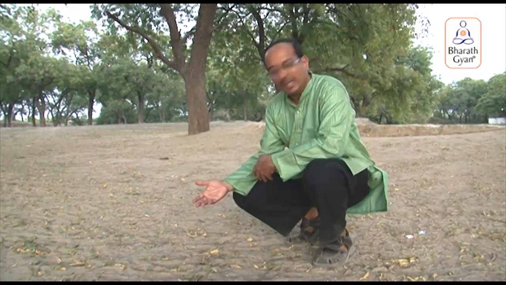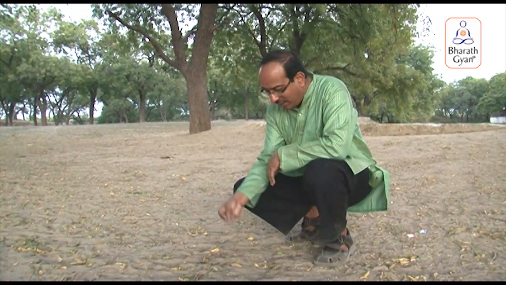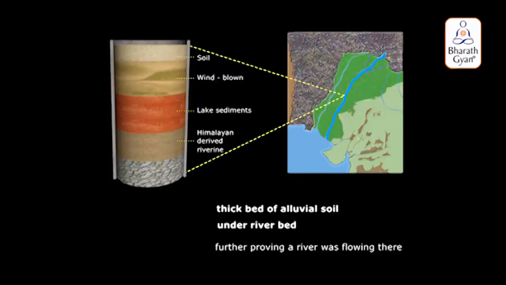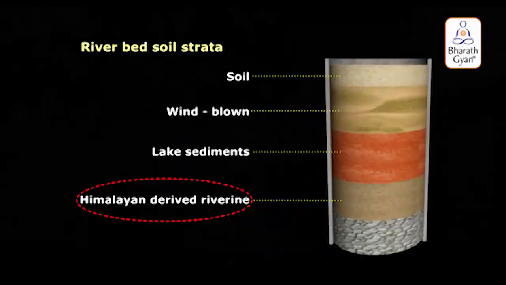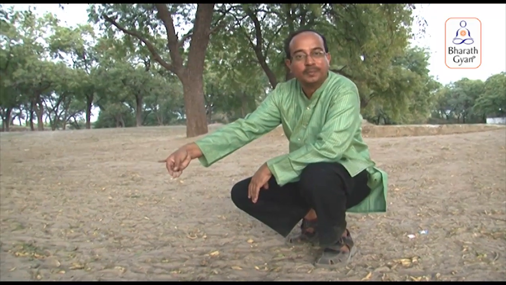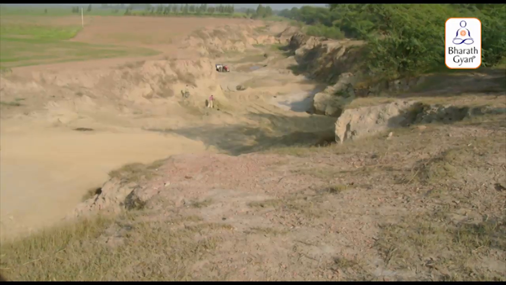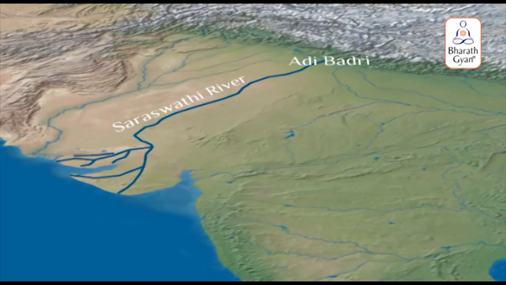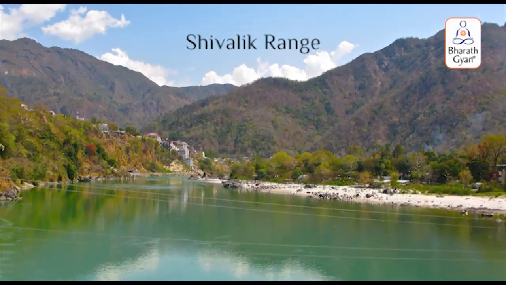One more proof that this is the Saraswati river is the soil. Very thin, dusty soil. This is the Himalayan derived riverine soil. It's the same soil that you see along the Saraswati river bed. This is the same soil that we saw about 80 kilometers north of Kurukshetra near Adibadri, where the then flowing Saraswati river flows down from the Shivalik range of the Himalayas.